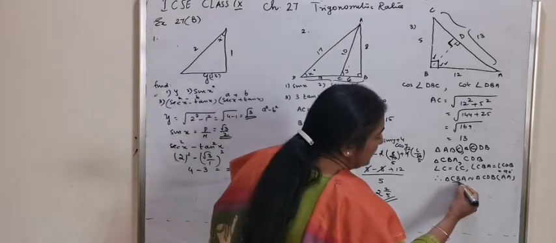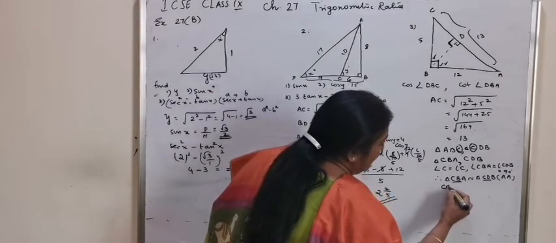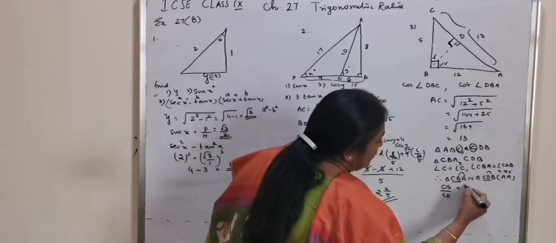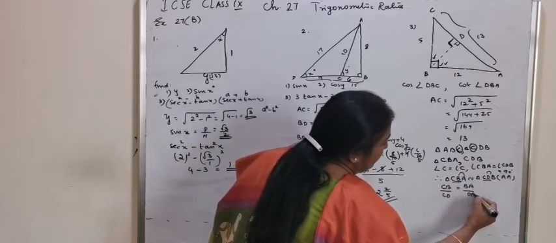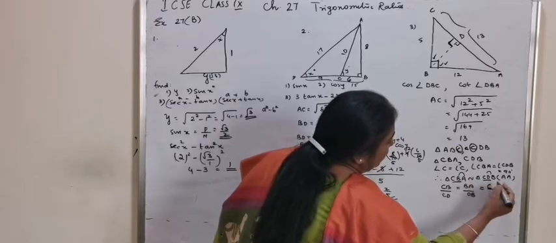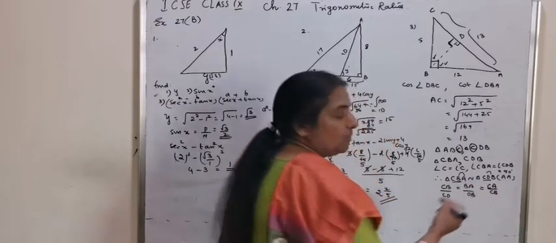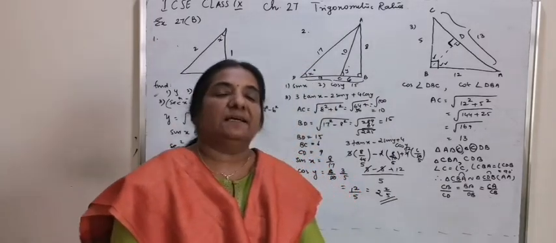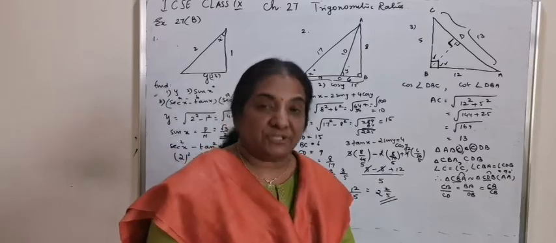When you take the sides, CB and CD will correspond, then BA and BD will correspond, and CA and CB will correspond. So after proving the triangles are similar, you can always take the proportional sides ratio.